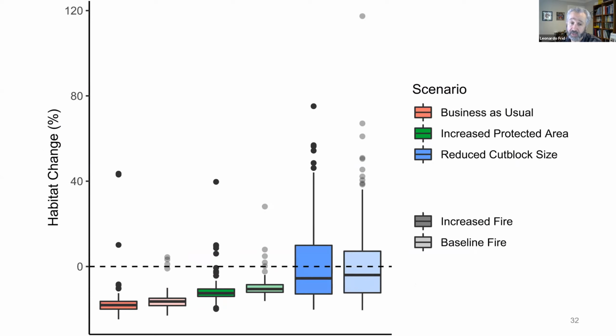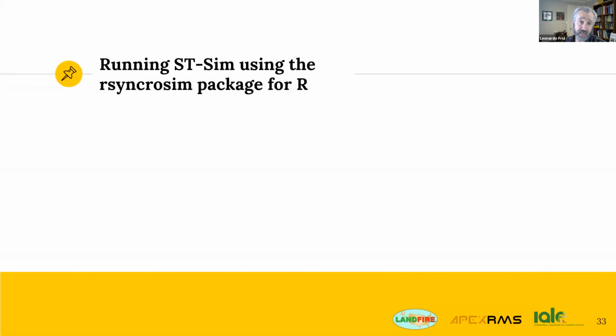And there's quite a bit more uncertainty on the impact of those, but in general, projecting less of a decline and possibly an increase in habitat. And again, the darker colors represent the scenarios where there was increased fire, the lighter colors with the baseline fire. So increasing fire also has a slight decrease in the amount of projected habitat. So that's the last example.